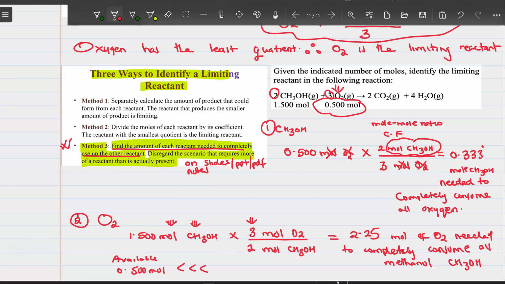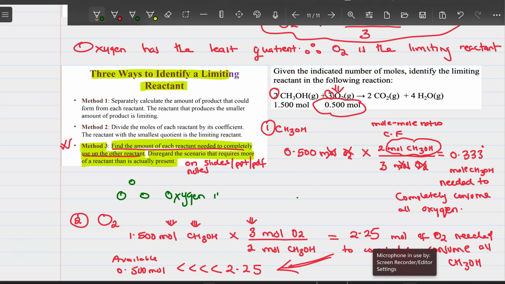That is way less than what is needed to completely consume all methanol. So that tells you that oxygen is the limiting reagent. So oxygen is the limiting reagent. That is the idea.